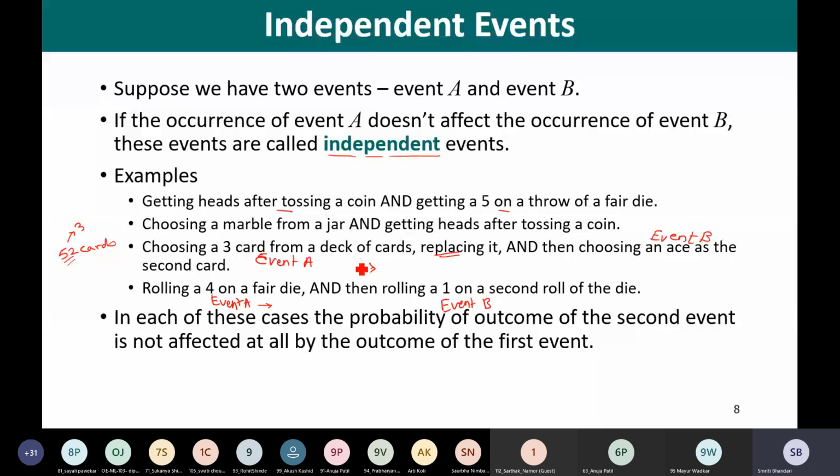In each of these examples, the probability of the outcome of the second event, that is event B, is not affected by the outcome of the first event, that is event A.